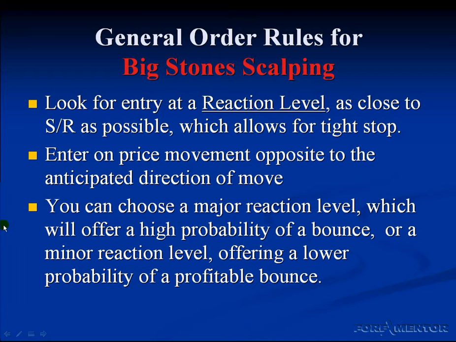A minor reaction level would be a level where you may just have one component, maybe just a fib, or just one pivot level, or some other minor component, or a minor support resistance level. That typically would offer a lower probability of a profitable bounce. A higher probability reaction level would be one where we have multiple key levels converging at one point.